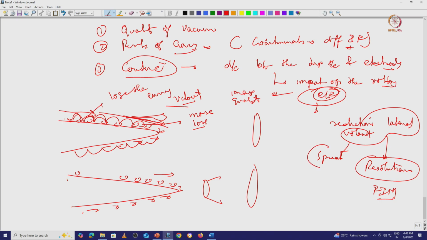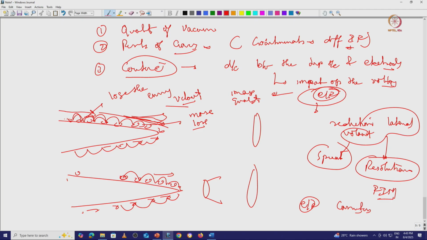So the spread in the lateral velocity will increase. But in the case of a counter electrode, as you know the electric field is concentrated, so the number of hops that the atoms have to make towards the apex reduces drastically.